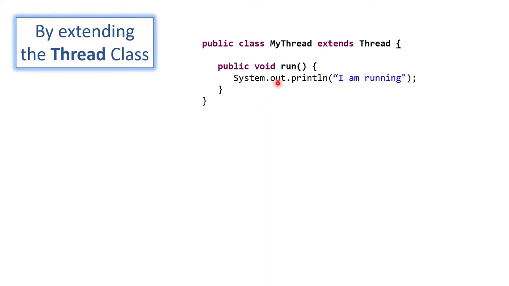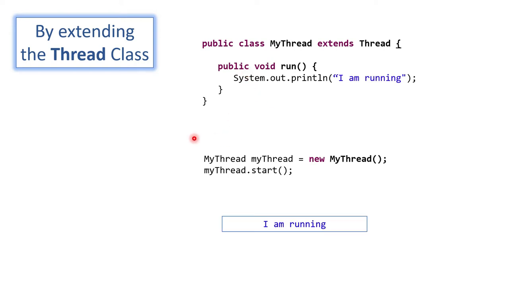And inside that method, whatever code you write will be the task for the thread. Now you have to create an object out of this class and then call myThread.start. Then it will start executing, and whatever is present in the run method will be the output.